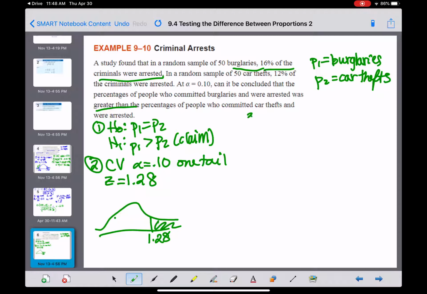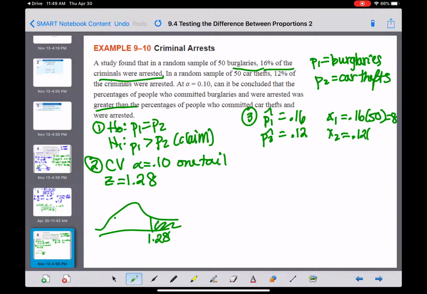Okay, step 3. P1 hat, it tells us, is 16%, and P2 hat is 12%. Now, in order to find P bar, I can just average those two if I wanted to, or if you want to use the formula, you have to find x1 and x2. To find x1, I take 16% of 50, that's 8, and 12% of 50 is 6.